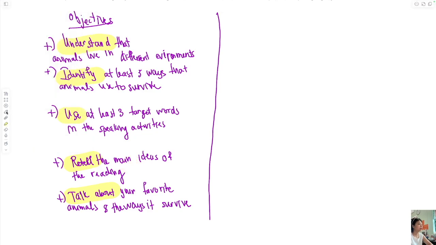Here, the first one actually looks like the summarizing skill too.